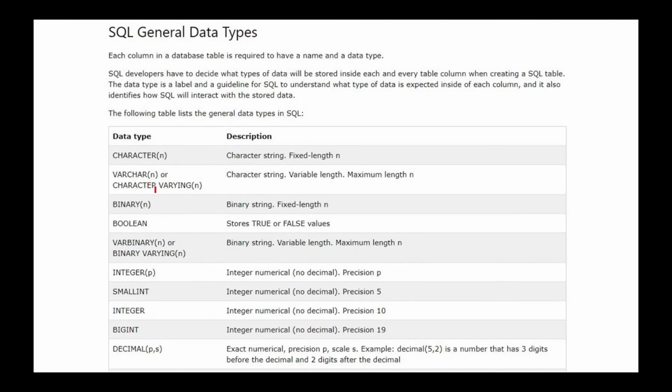We have the VARCHAR, which I showed you earlier, the boolean, the integer, which I use for the age, integer, numeric, no decimals, doesn't take any decimals, small int, decimals.